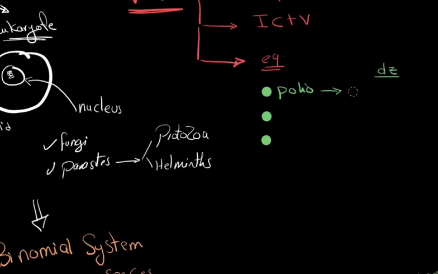So this is the name of the virus, polio. It causes poliomyelitis disease. Measles virus causes measles disease. HIV, human immunodeficiency virus, causes AIDS.